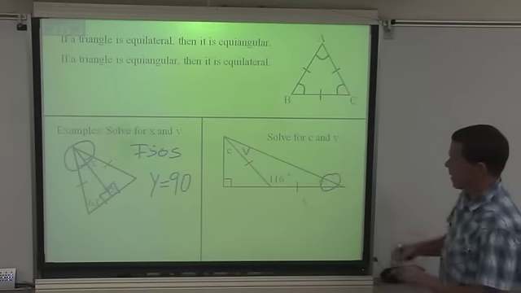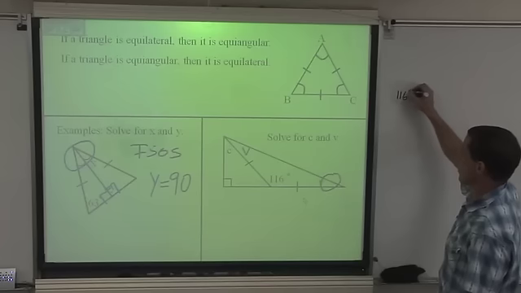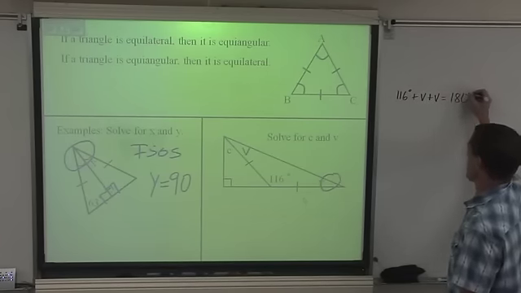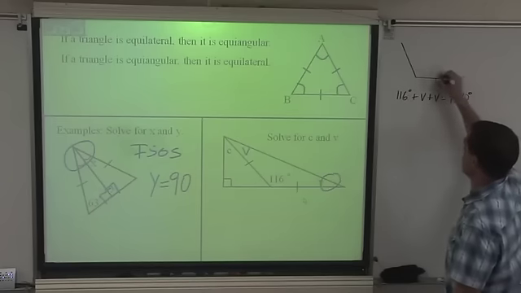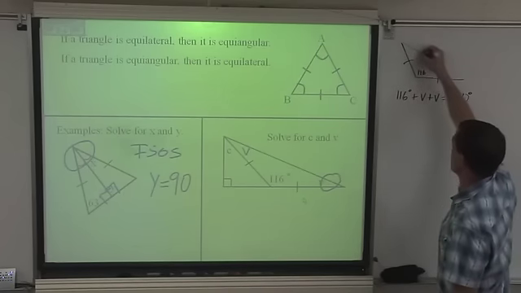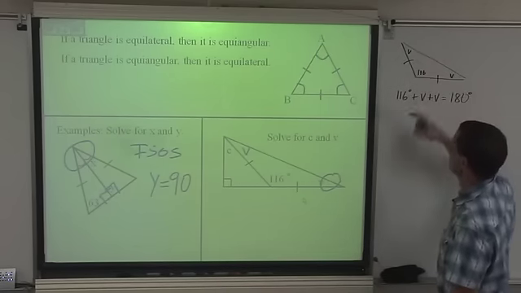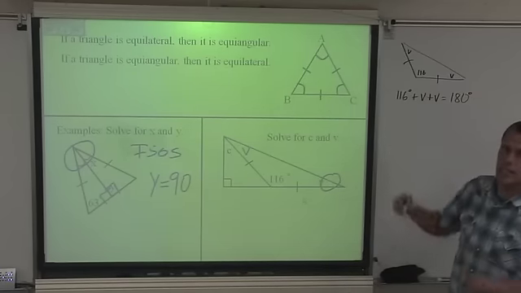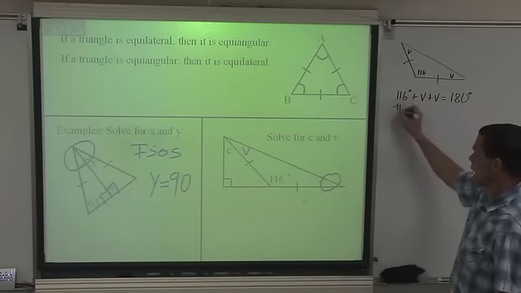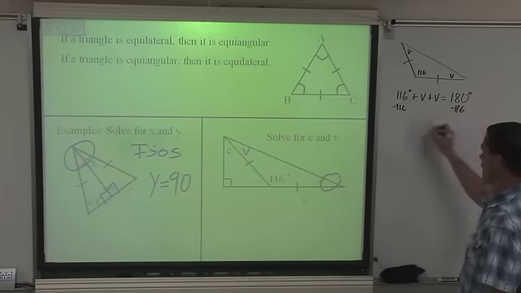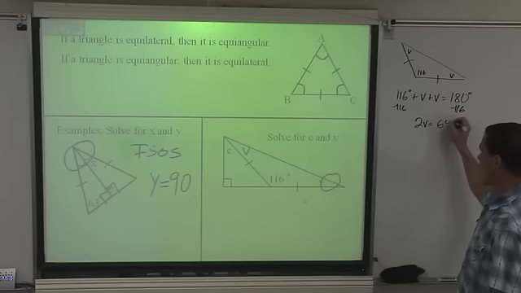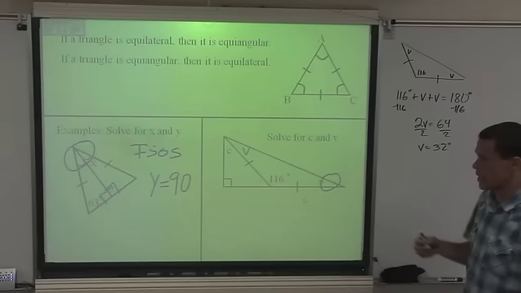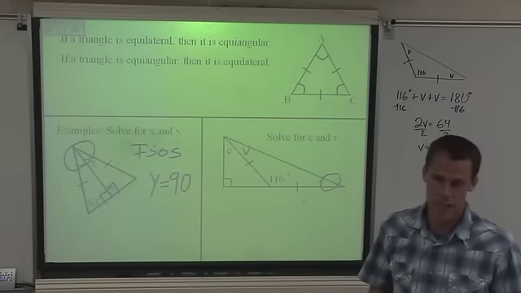So now I can say I've got 116 degrees plus V plus another V equals 180. That comes from this picture here: congruent, congruent, 116, V and V. So 2V plus 116 equals 180. I'm going to subtract the 116, and I end up with 2V is equal to 64. I divide that in half, and V is now equal to 32 degrees. I have solved for V.